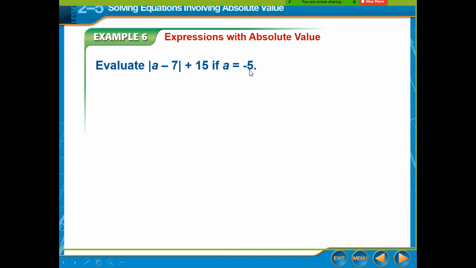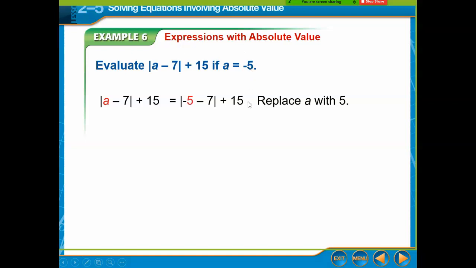Okay, so same thing. You're going to take the negative 5, replace it inside your absolute value. So you have negative 5 minus 7 absolute value plus 15. How many of us think this answer is going to be the same or different? We started with a positive 5.